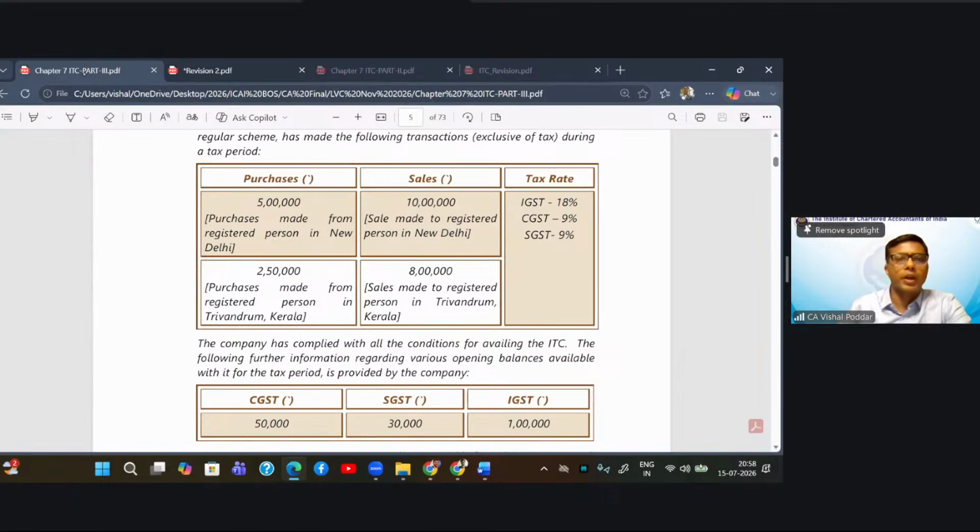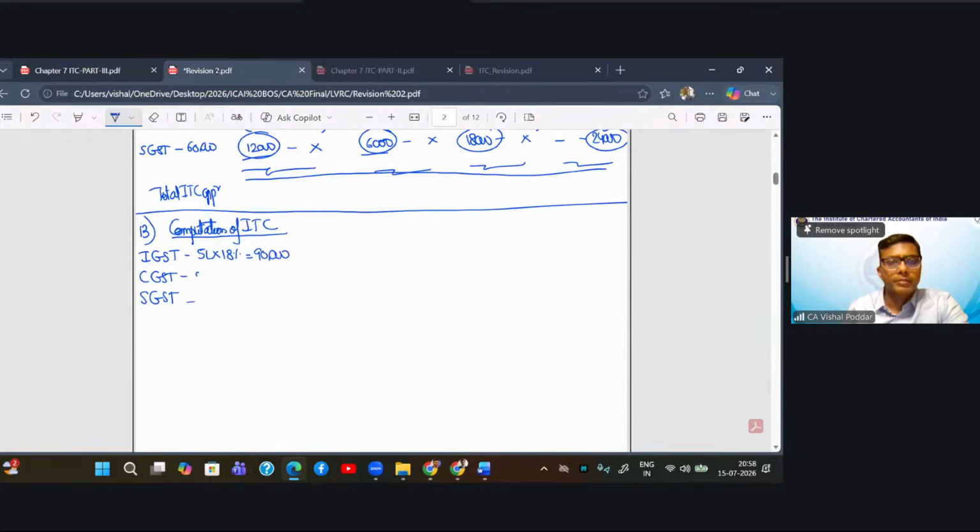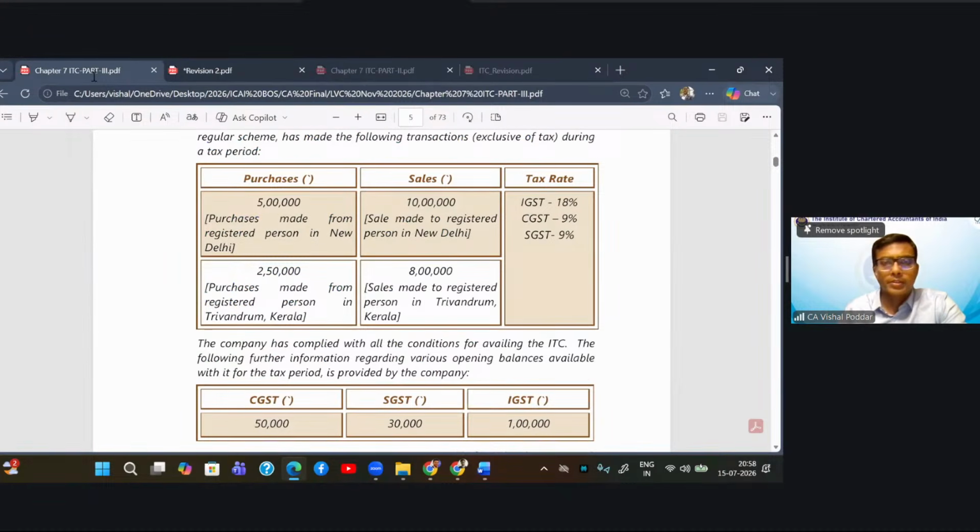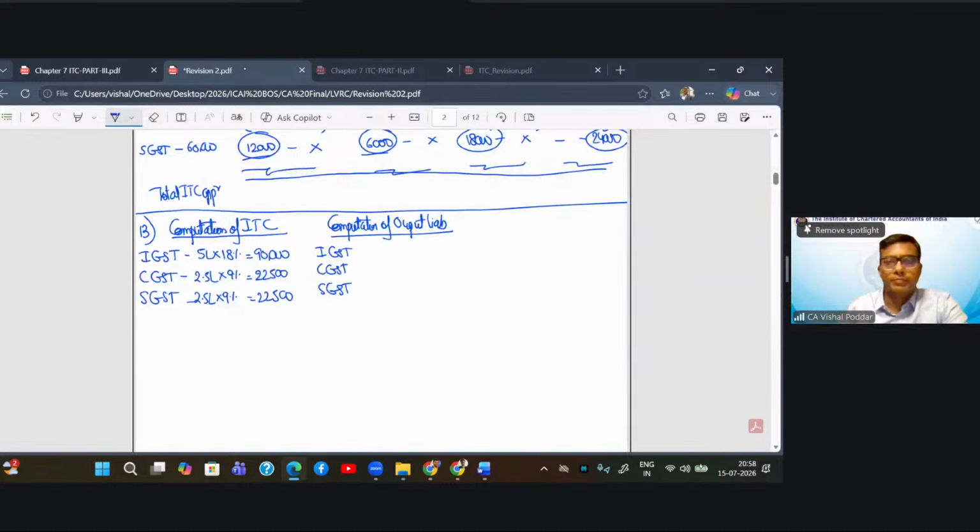Then 250 into 9, 9. Then computation of output liability. Same. Sales 10 lakhs and 8 lakhs.